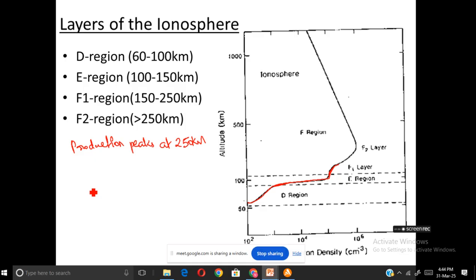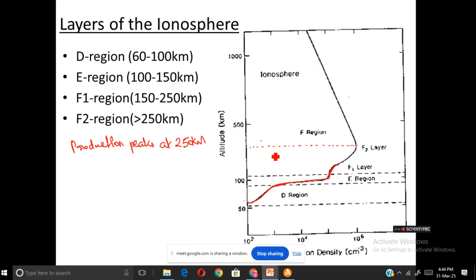Above and below that layer, the concentration of electrons is less. This is where it peaks. So why is it peaking at this height?